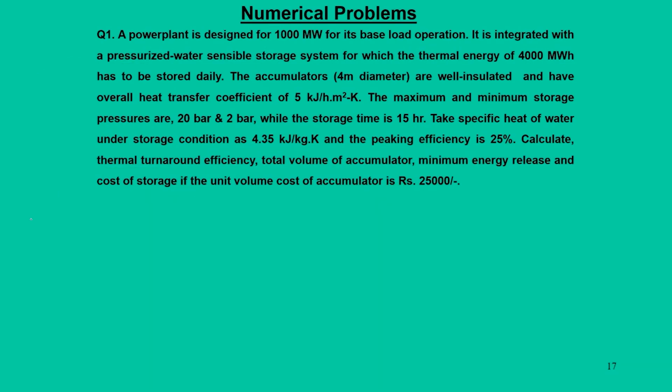Next question that is asked, what is the total volume? To find this total volume, we require the information from the peaking turbine. So, we have this peaking efficiency as 25% and we have storage capacity of 4000 megawatt hour, which is the power.